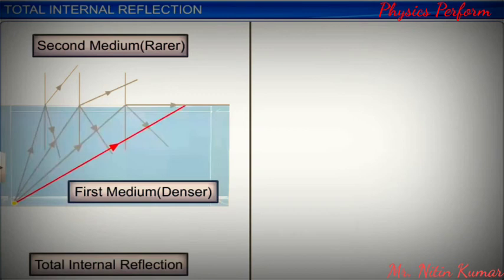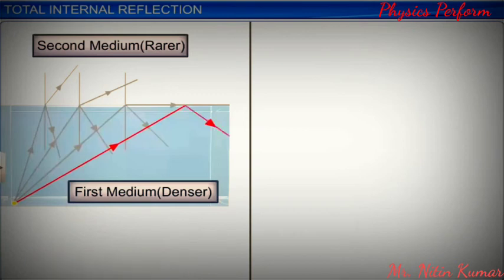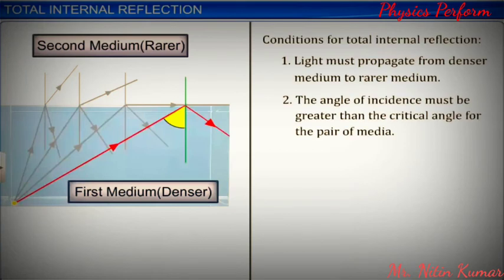Hence, for light to have total internal reflection, it must satisfy the following conditions. 1. It must propagate from a denser medium to a rarer medium, and 2. The angle of incidence must be greater than the critical angle for the pair of media.